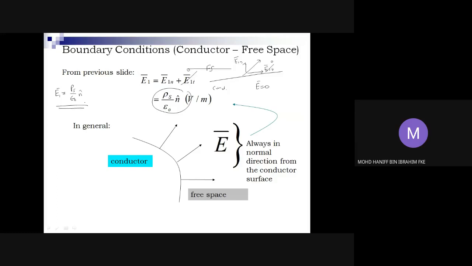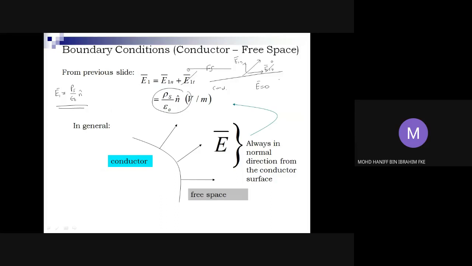This means that if we have a boundary between a conductor and free space, the electric field will only exist in the free space environment, whereas the electric field value is given by the magnitude rho s over epsilon naught, and the direction of the electric field is normal with regard to the surface of the conductor.